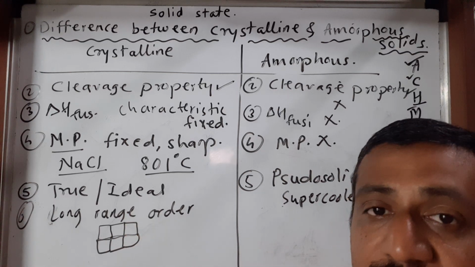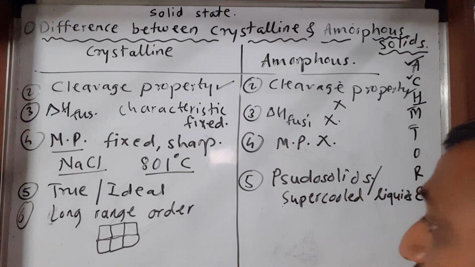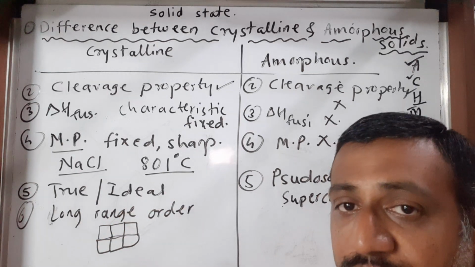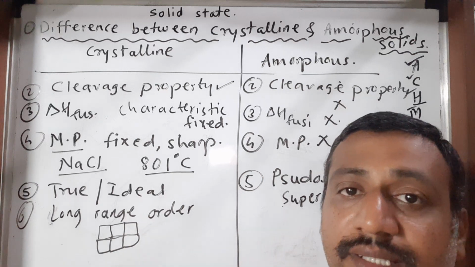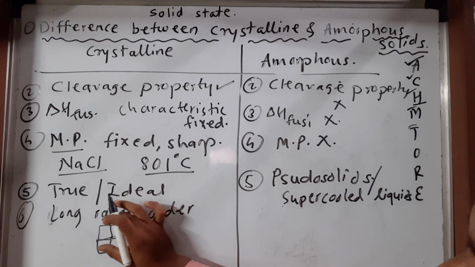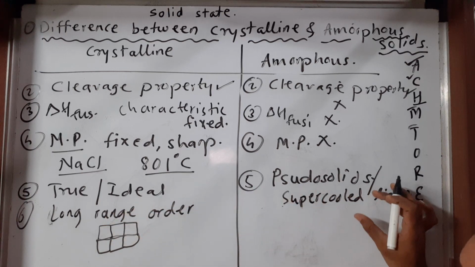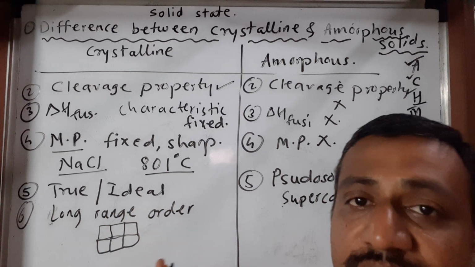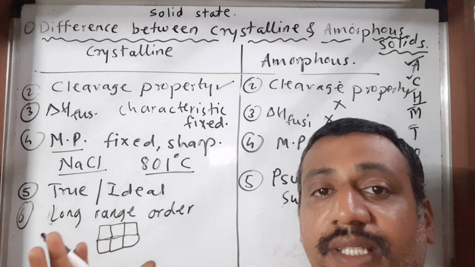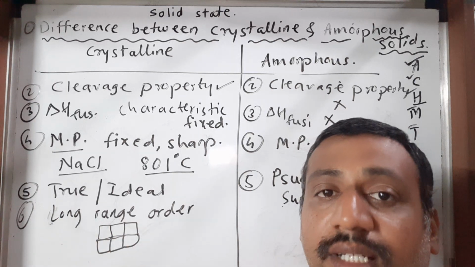So we call it a crystalline solid. Long range order means that the repeating pattern is repeated again and again. Here I am showing 3, 4, 5, 6 times, but practically some lakhs, some million times the repeating pattern is there in a crystalline solid.